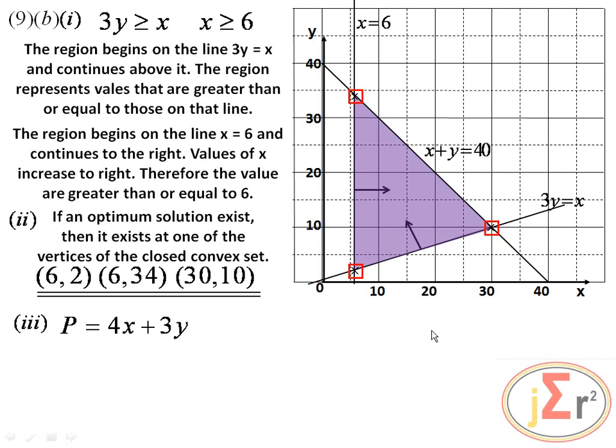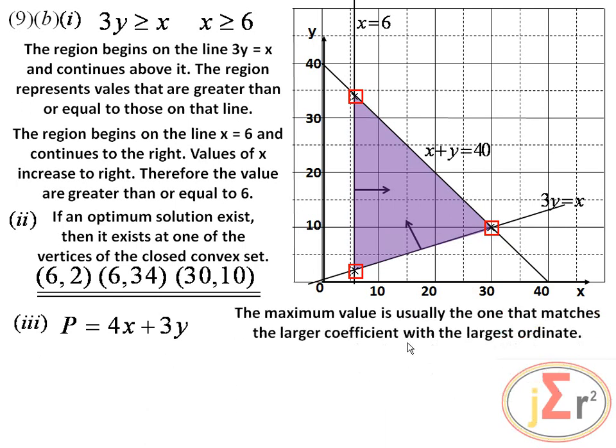So the objective function is the profit is equal to 4x plus 3y. Because we are trying to determine the maximum value of that objective function, the maximum value is usually the one that matches the larger coefficient with the largest ordinate. In this particular case, the larger coefficient is the coefficient of x.